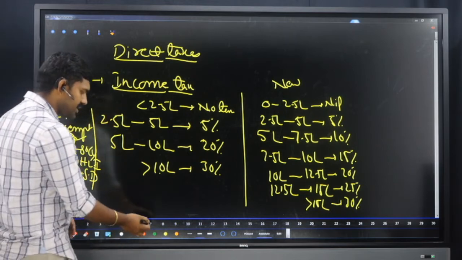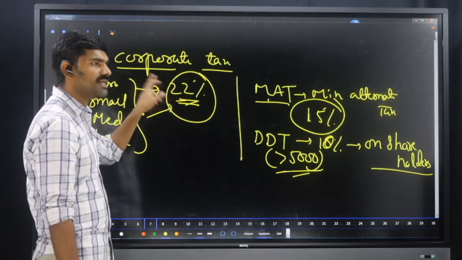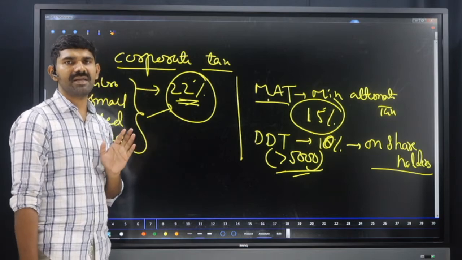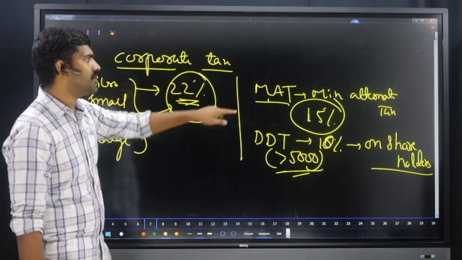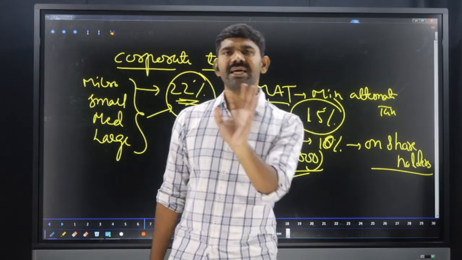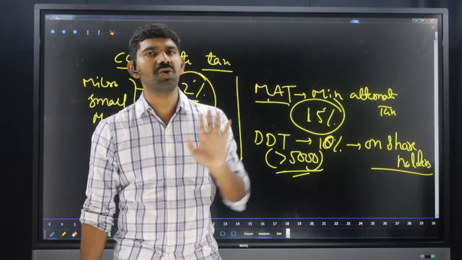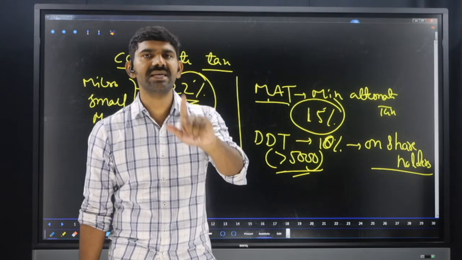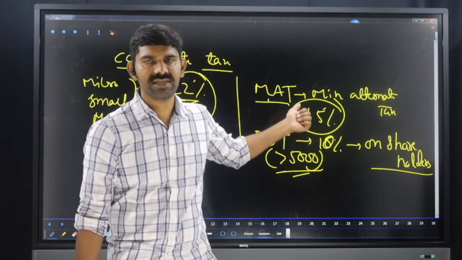Similarly, company also can show like that, and they can evade paying any tax. In such case, they have to pay a minimum alternate tax. Means at any cost, any company will have to pay 15%. There is no escape.